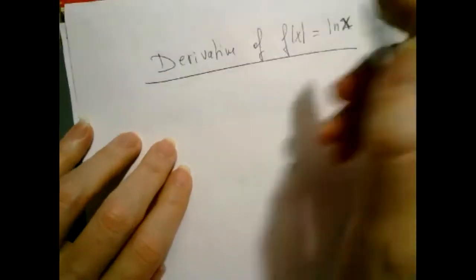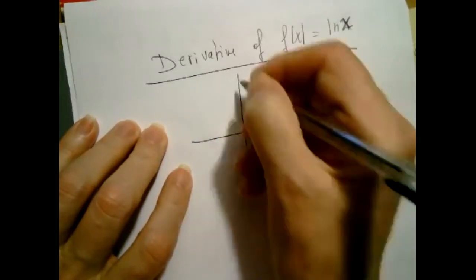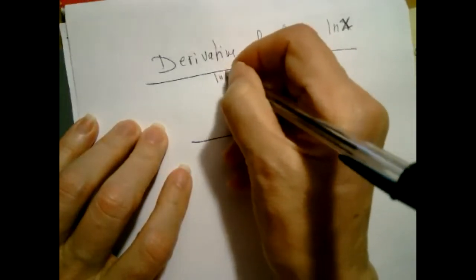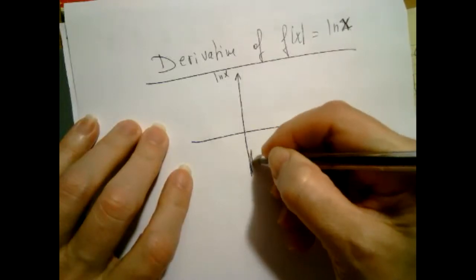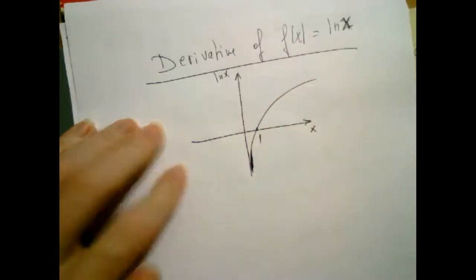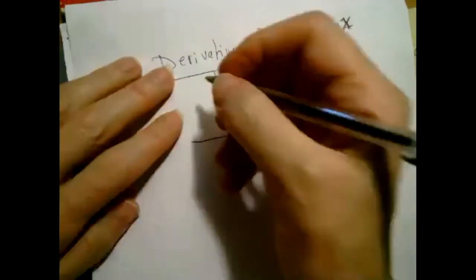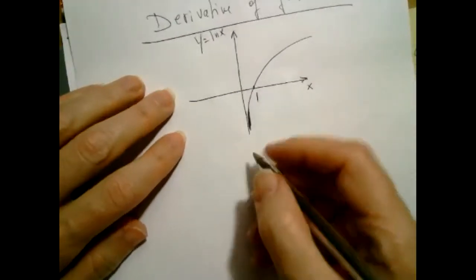Graphically, let us see how the graph looks, so we can practice sketching the derivative. This is x, and this is the natural log. Remember, the natural log is defined only when x is positive, and it goes like this. That's the natural log, so this is my y. Now, how does the derivative look?